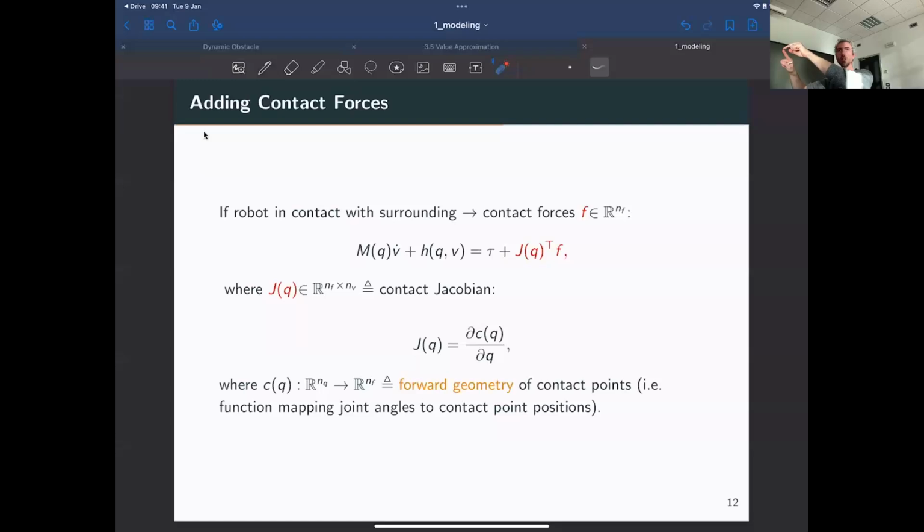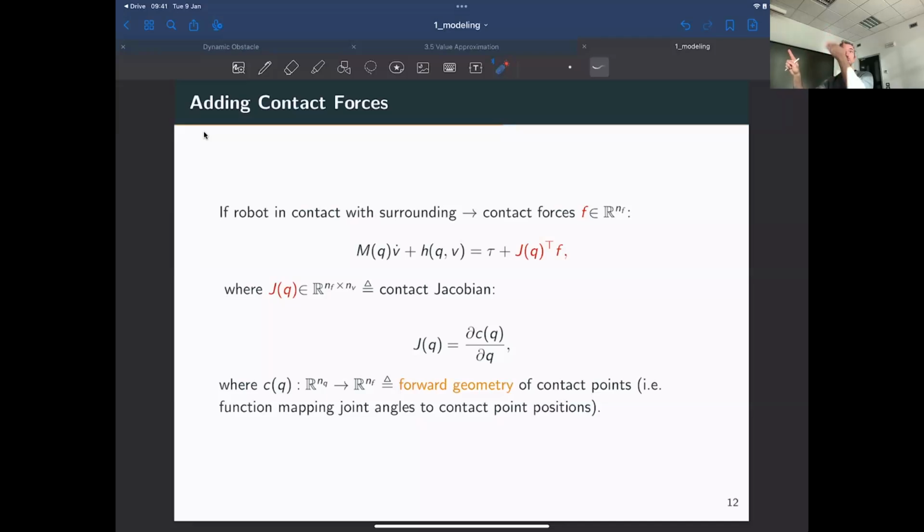The position of my fingertip can be expressed as a function of my joint angles, because as I change my joint angles, my fingertip position is going to change. So this is the function C of Q. It's the function that computes the position of my contact point with respect to my joint angles.